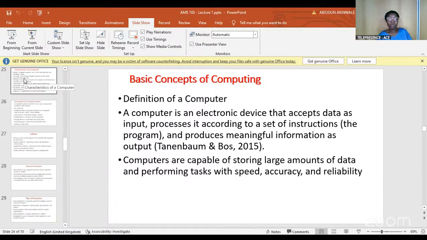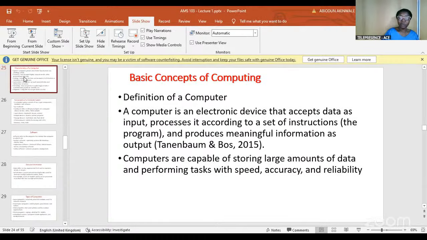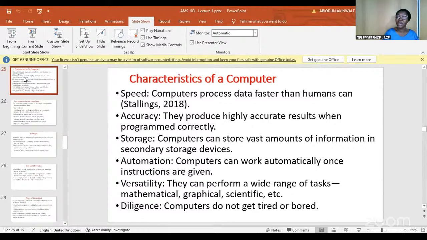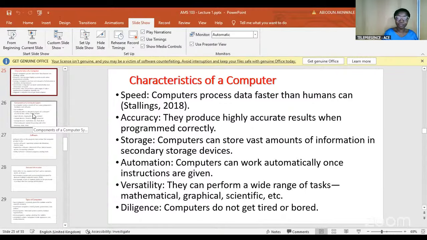In addition, the computer, aside from the peripheral devices associated with it that can help you store data, itself has a large memory to store huge amounts of data and perform tasks with a high level of speed and accuracy that you can trust. The next slide.